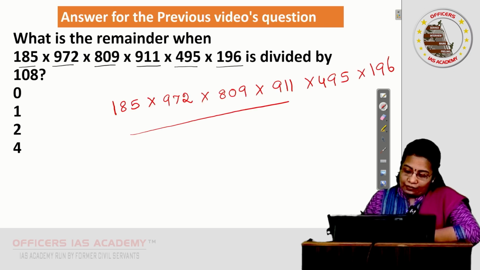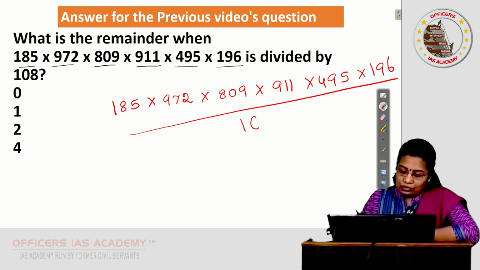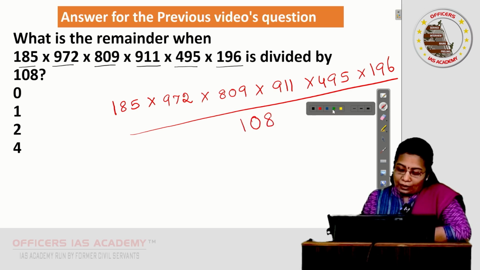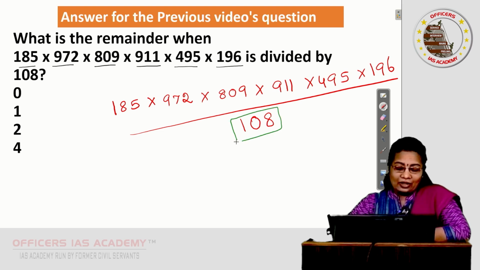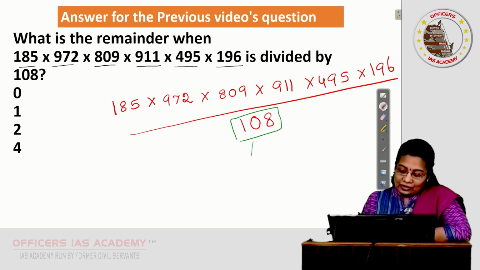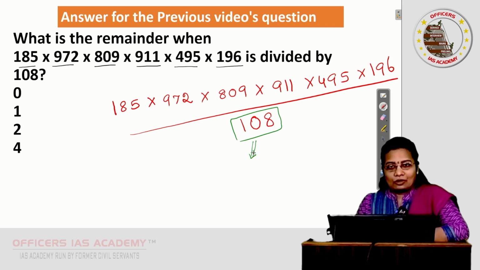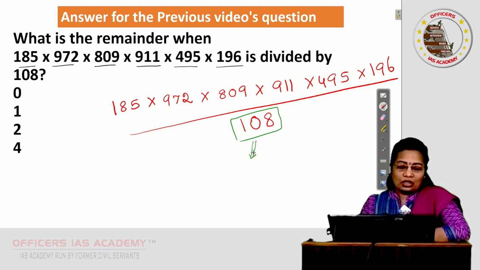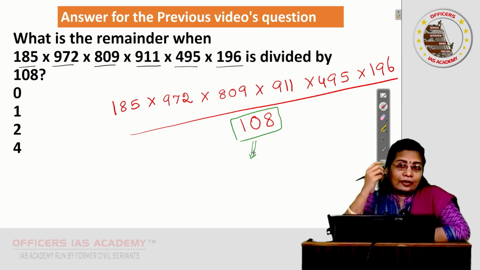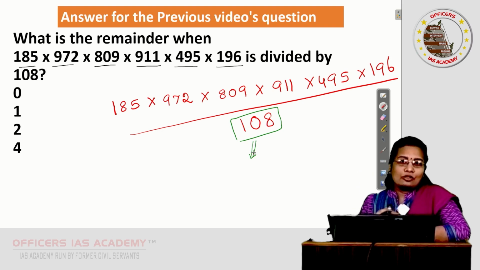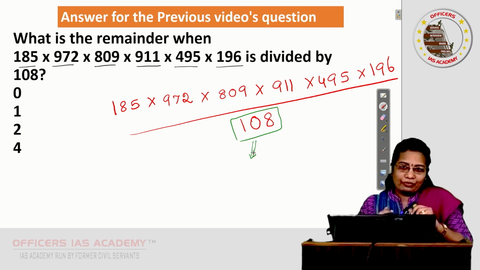So I have just taken the values. Looking at the denominator part, a number is given, 108. This number is absolutely divisible by 9 as well as 3. So I am going to check whether any of the numerator numbers is a multiple of 9 to cancel this 108 so that the value will become simplified.